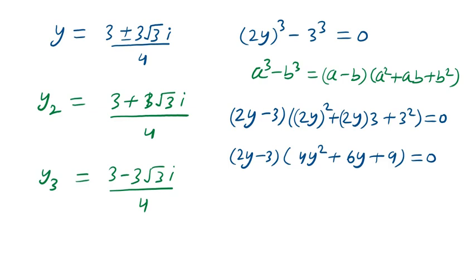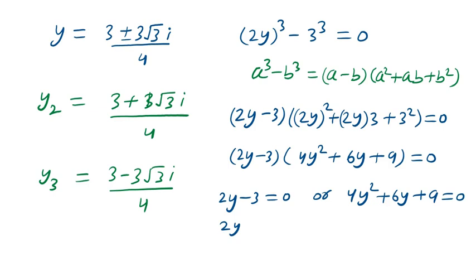Here we have two cases: 2 times y minus 3 is equal to 0, or 4 times y square plus 6 times y plus 9 is equal to 0. Now add 3 to both sides, then 2 times y is equal to 3, and divide both sides by 2, then the value of y is equal to 3 over 2. Here our fourth solution is y4 equal to 3 over 2.